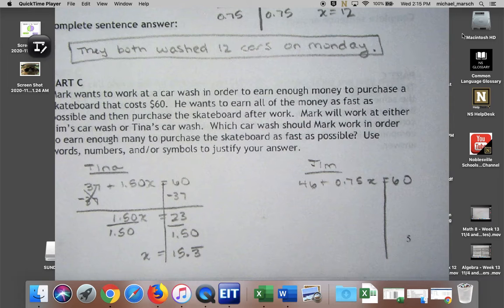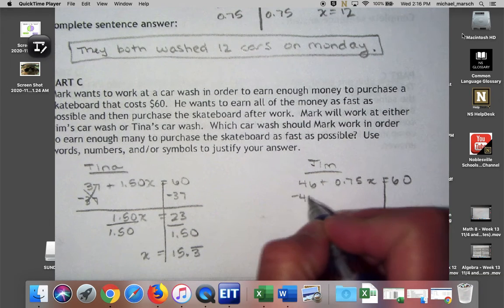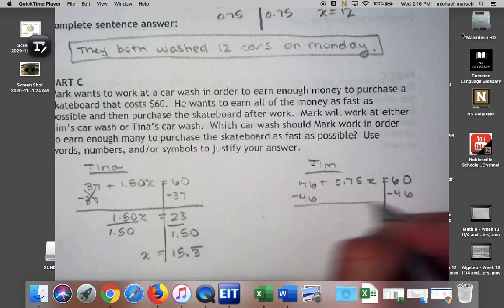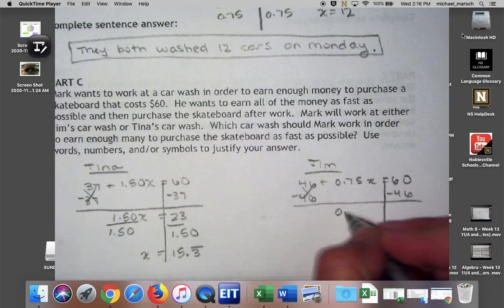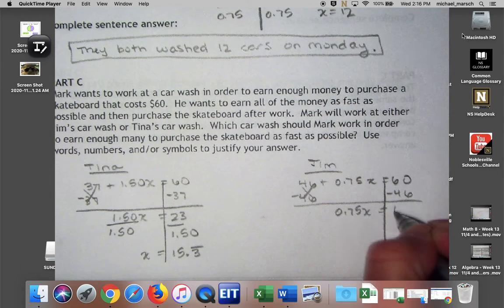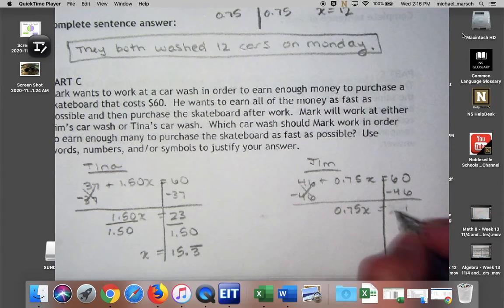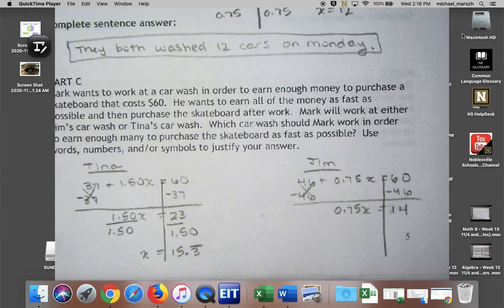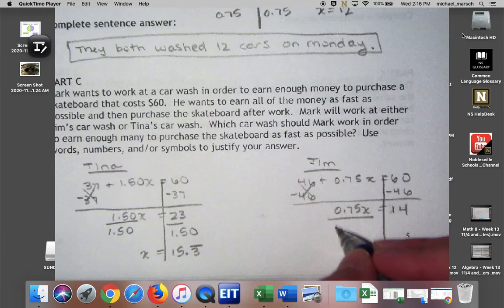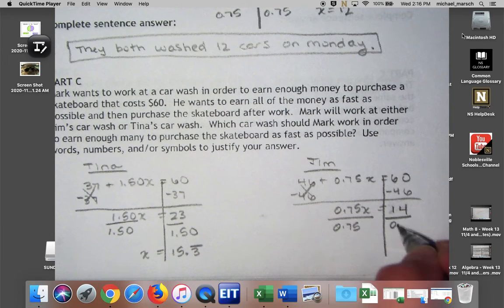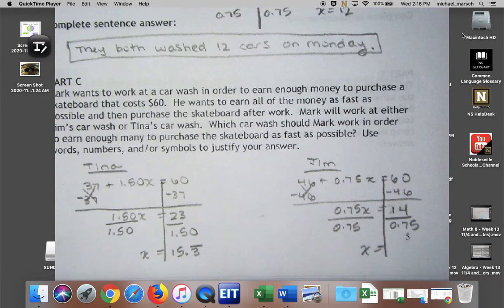Yep, correct. So 15 cars for 10, right? Yeah, 15 cars for 10. No, she's got 15.3 repeating, so she has infinite cars. Oh my gosh. Therefore, Tina now becomes the richest person of all time.